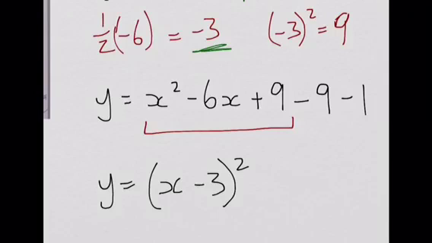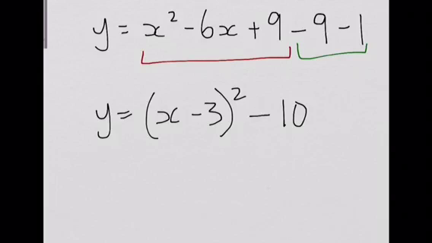That happens twice, gives us negative 6x, and negative 3 times negative 3 gives us plus 9. So that expands out correctly. And then don't forget our negative 9 and negative 1 here. We can simplify that to just negative 10. So that's it. In this case, our d value is 1, and so that is our equation in turning point form.